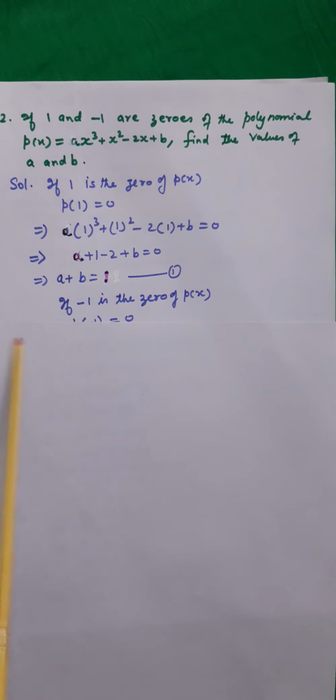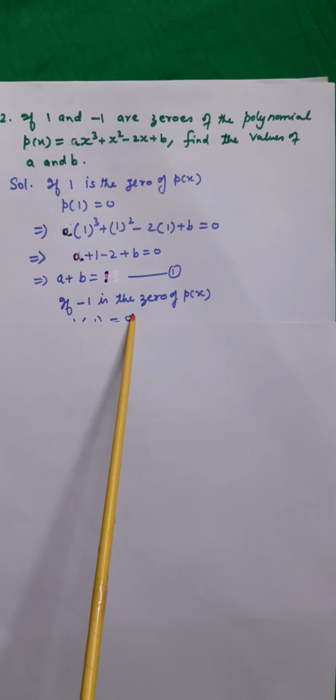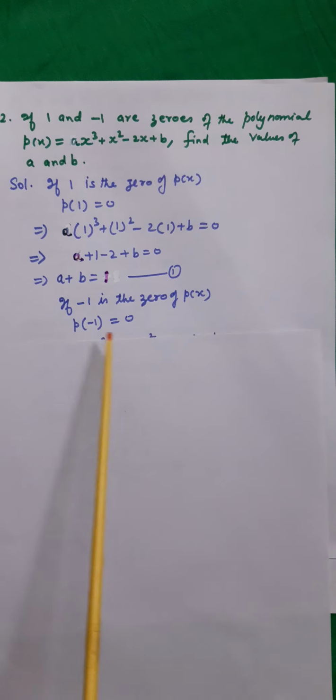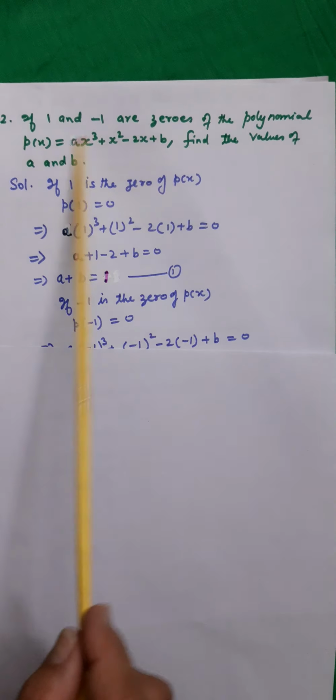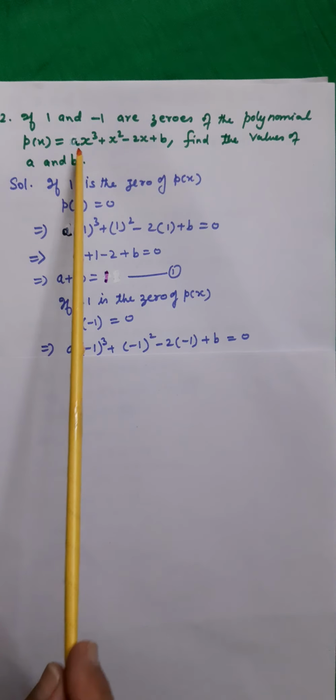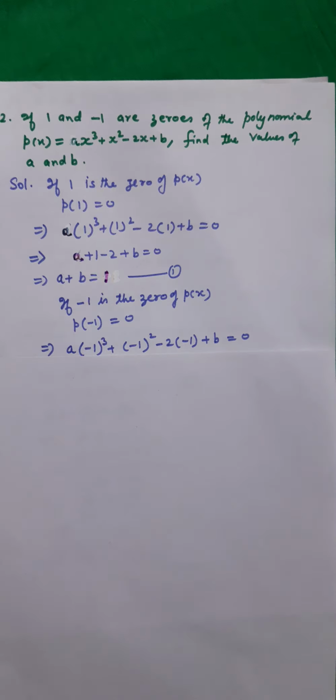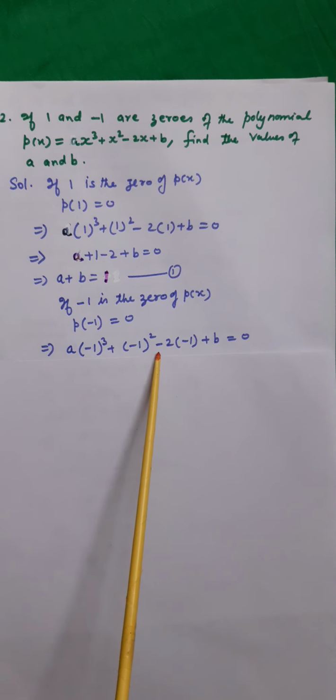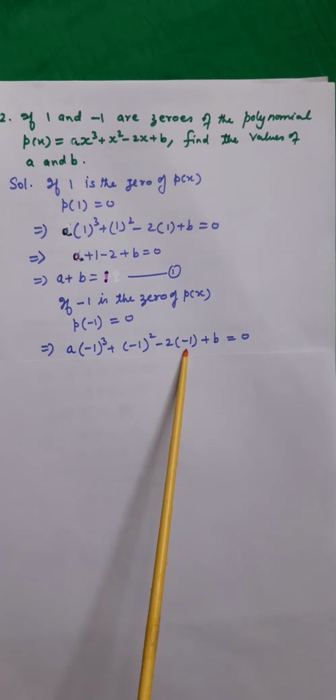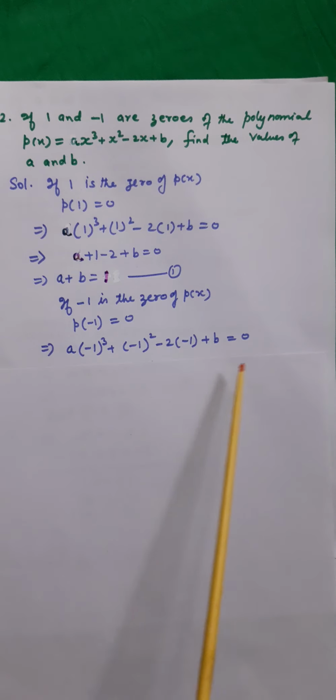Now if -1 is the zero of polynomial p(x), then p(-1) will be equal to 0. So now we substitute x = -1 everywhere. So this gives me a(-1)^3 + (-1)^2 - 2(-1) + b = 0.